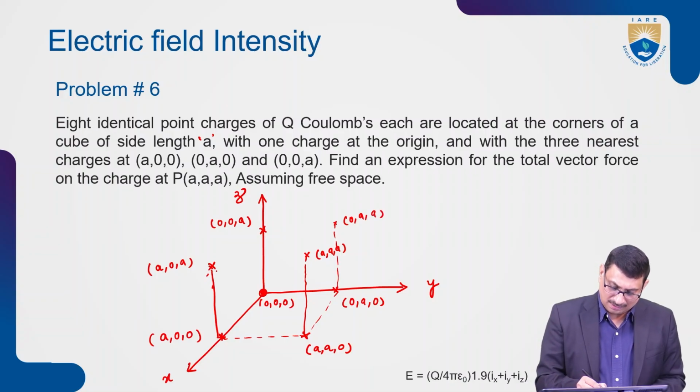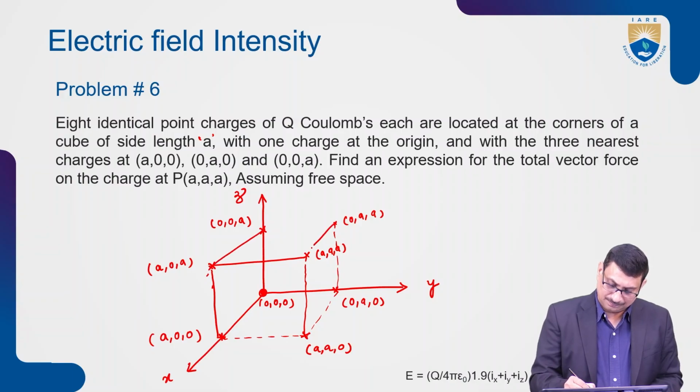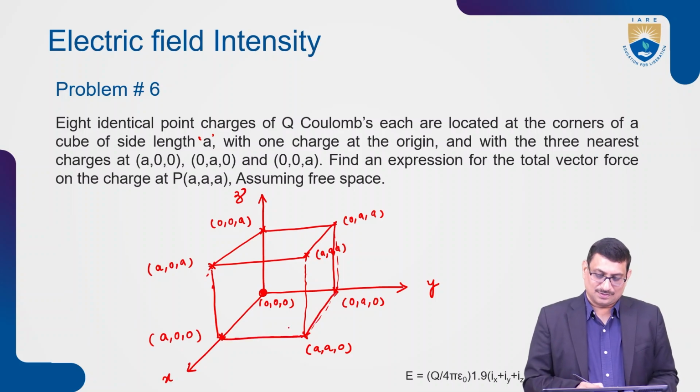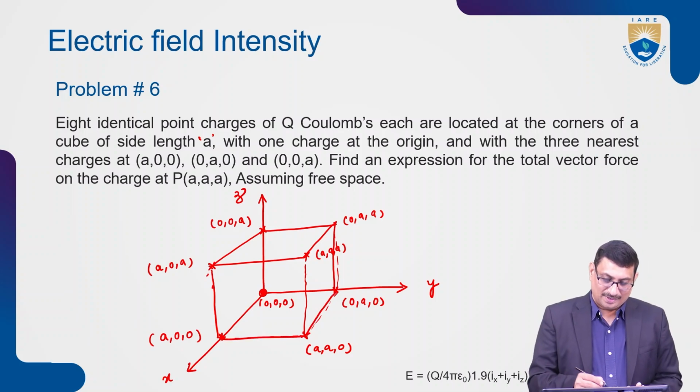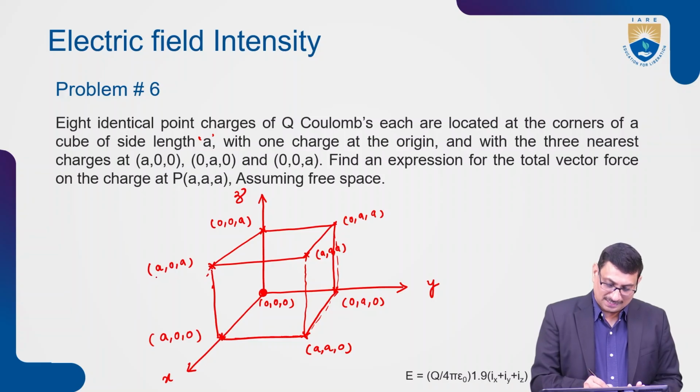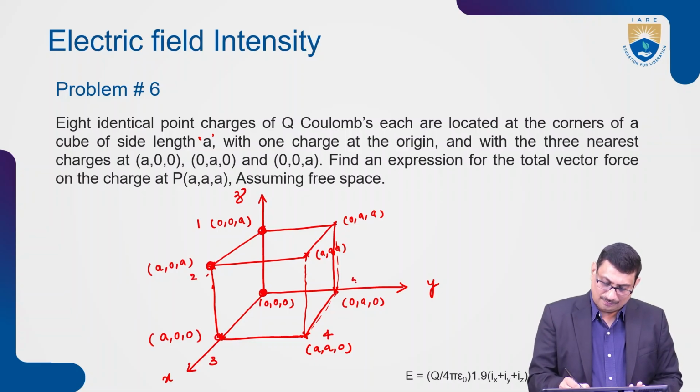Then I will combine all these points together. See here, these are all the points: this is 1 point, second point, 1, 2, 3, 4, 5, 6, 7 and 8, with one of the charges located at the origin.